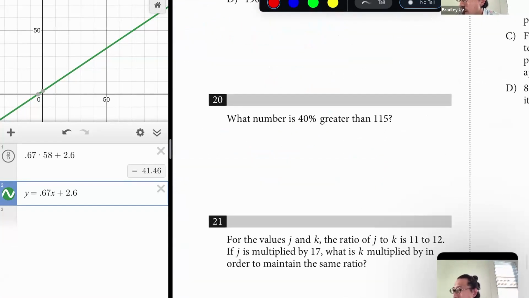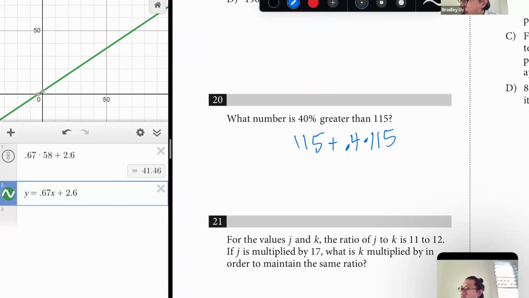Okay, number 40. Almost there, guys. What number, so that's our variable, is equal sign, 40% as a decimal, that's 0.4. Okay, we need 40% greater than 115, so we are going to take 115 and increase it by 40%. One way we can do that is take 115 plus 40% of 115.